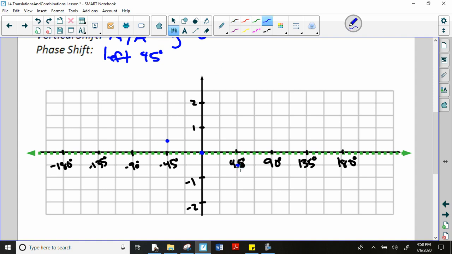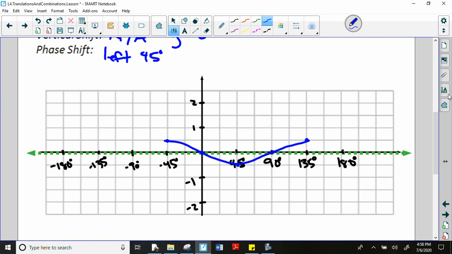And then middle, phase shifted to the left. High, phase shifted to the left. So I just took each one of those points and I bumped them by 45 degrees. This one would have been at 0, and now it's at negative 45. It's been moved over. And it would have started at high, which is up at a half.